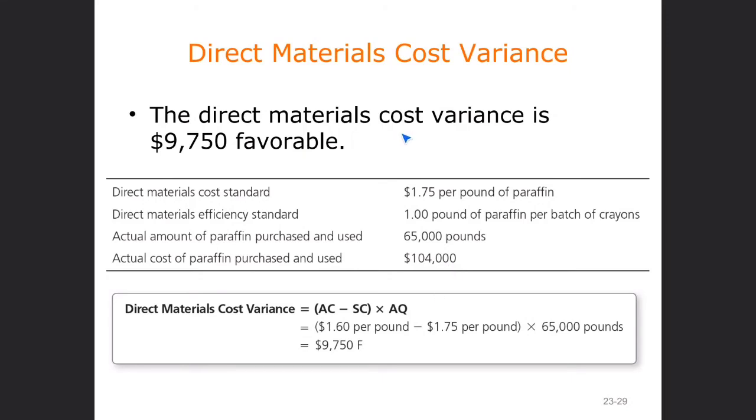So to find the direct materials cost variance, they took the actual cost minus the standard, times the quantity, and that gave us $1.60 per pound minus $1.75 per pound times 65,000 pounds. And that gave us 97.50 favorable.